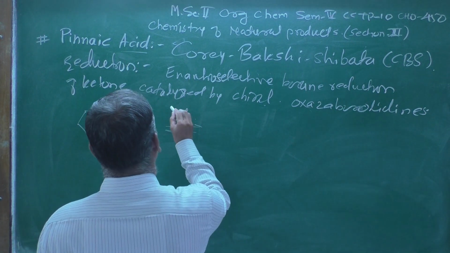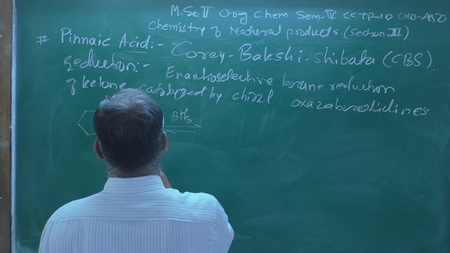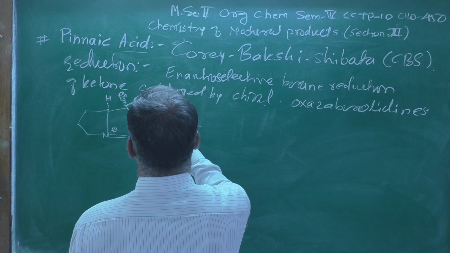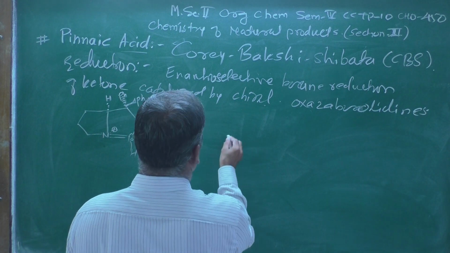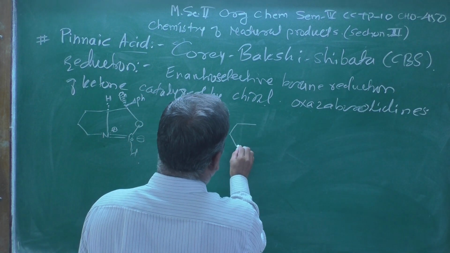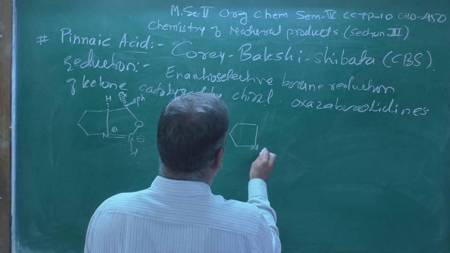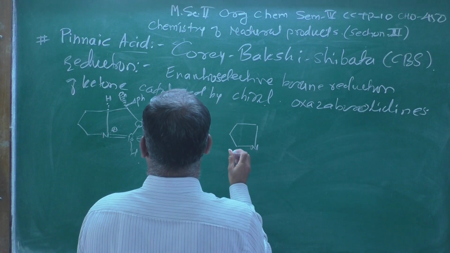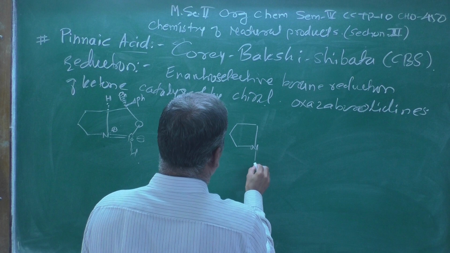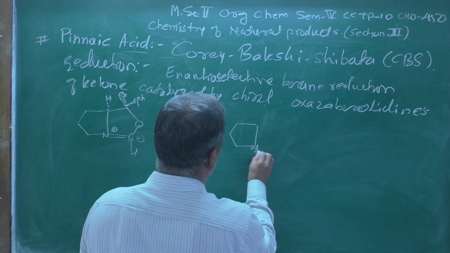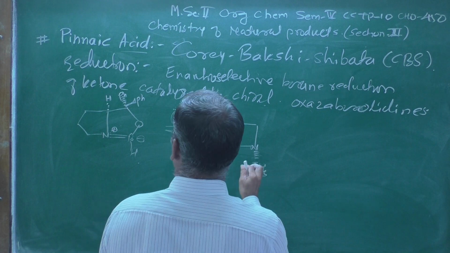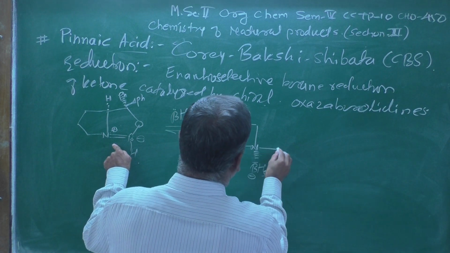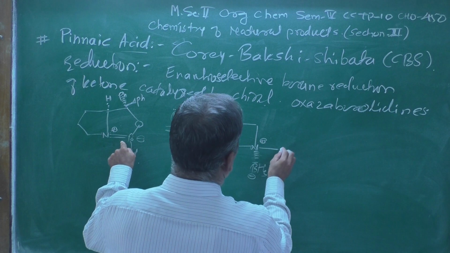That borane, we know that it is electron deficient in nature, so it is going to attack on that boron, nitrogen, so that you are going to get this compound which I am showing over here. This is boron, BH3, negative charge over there, and a positive charge remains there.